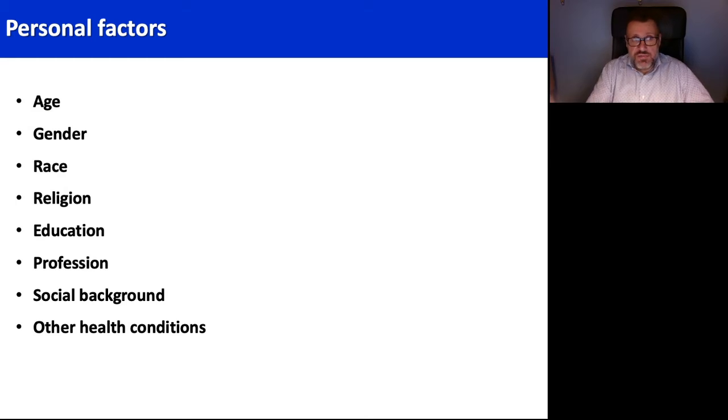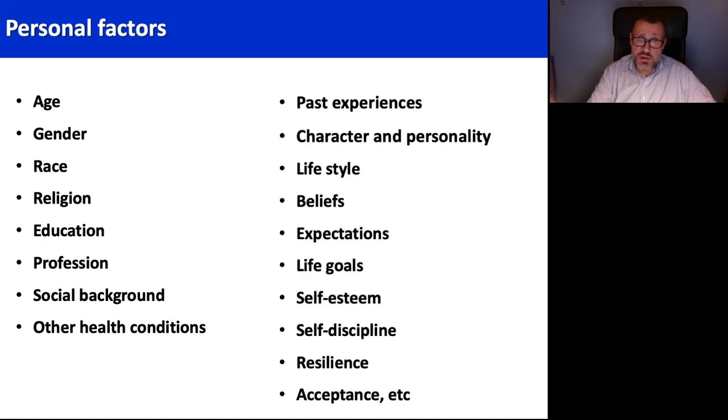Which are the personal factors? They are like gender, age, race, religion, education, professional and social background, other health conditions, like for instance history of some past disease, but also very personal things like past experiences, character and personality, lifestyles, beliefs, expectations, life goals, self-esteem, self-discipline, resilience, acceptance, and whatever.